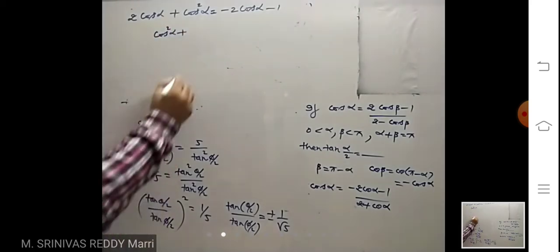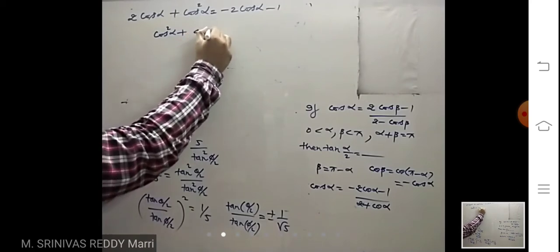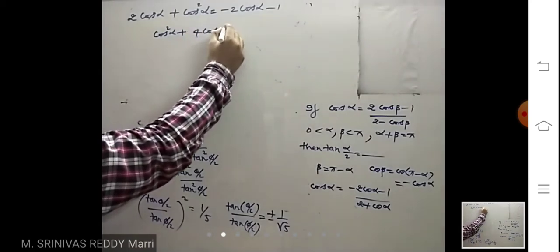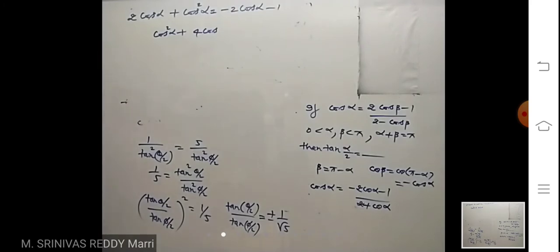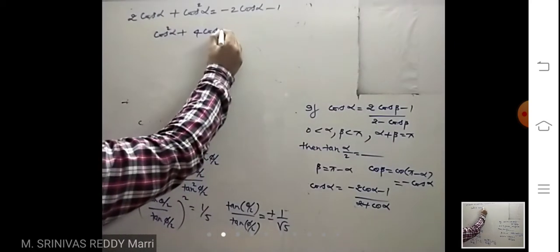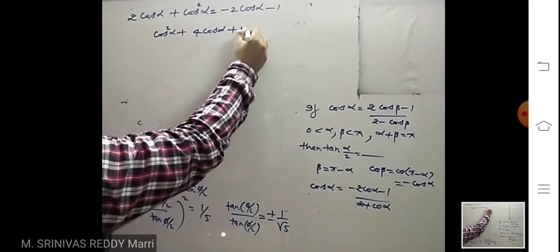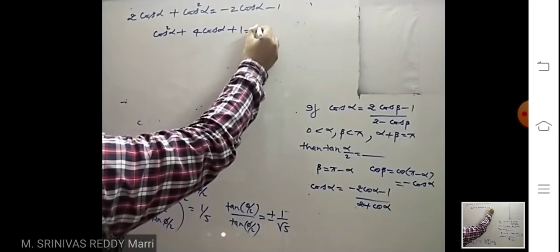Cos square alpha plus 4 cos alpha plus 1 equals 0.